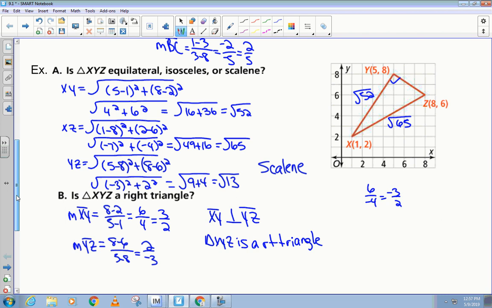Then 6 over 4, which is a positive 3 halves, and then this one is a negative 2 thirds. So you could have counted if it was graphed. If not, then you would have to rely on the formula. Okay.